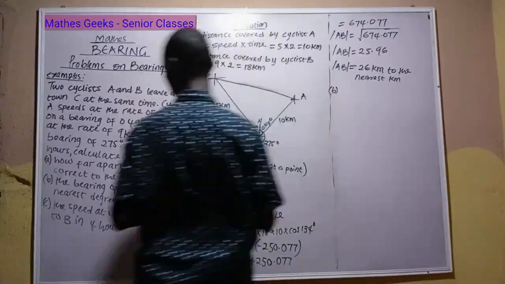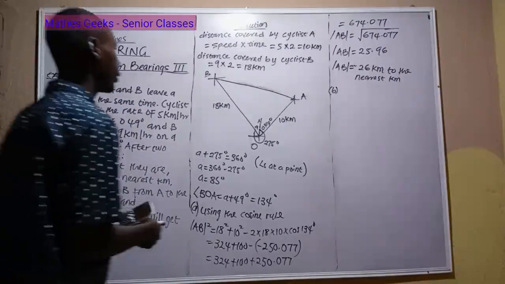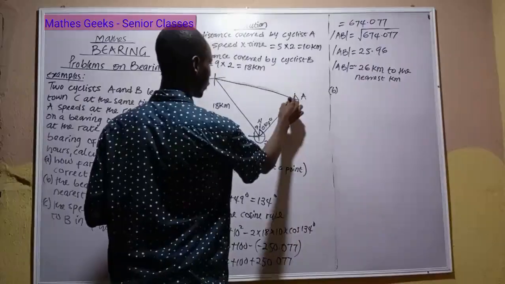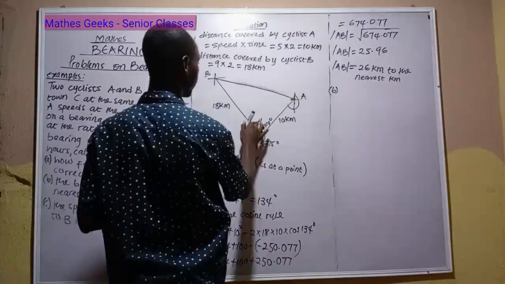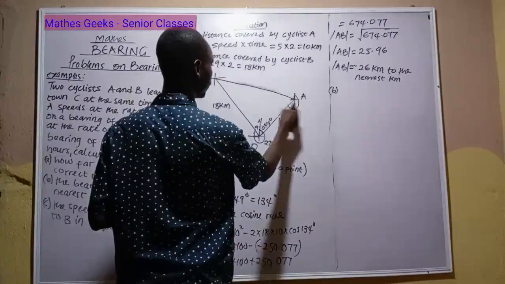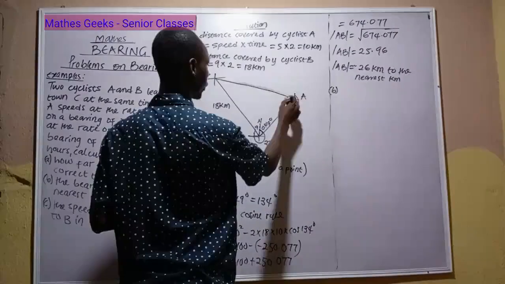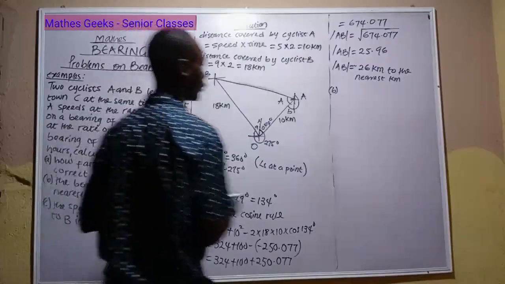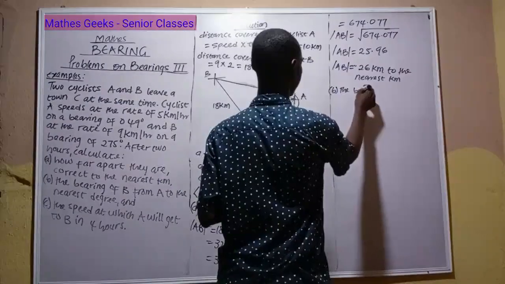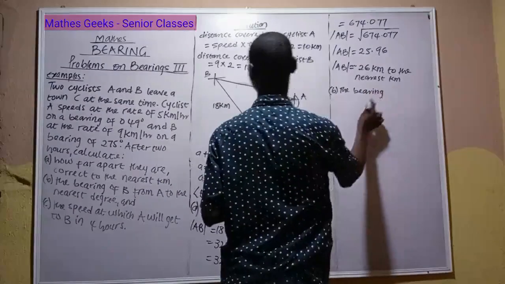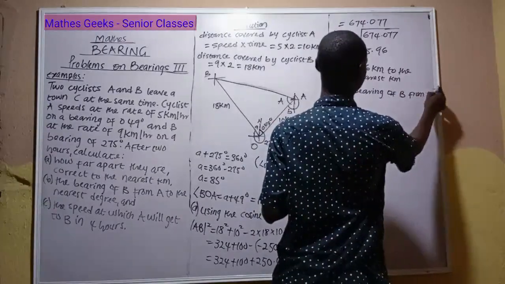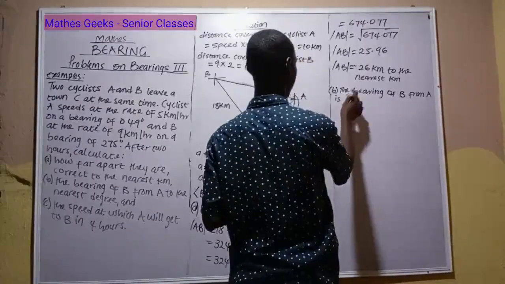Next, the bearing of B from A. So the bearing of B from A is like this. So here's A, this is B, and then we need to know angle A. So the bearing of B from A, let's call it alpha.